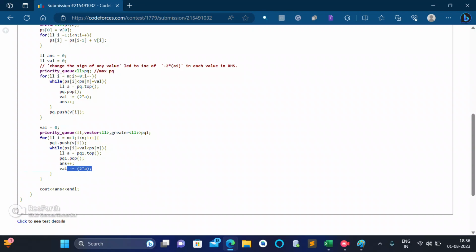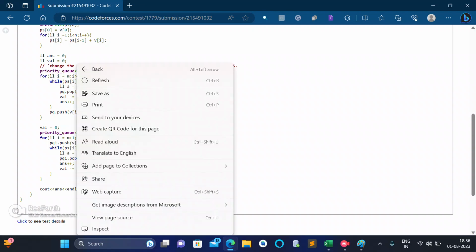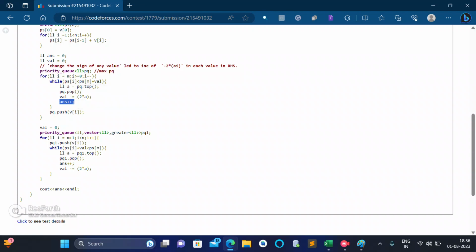After that we started the checking. And we had incremented the val by minus 2a, and here also minus 2a, and at the end you can see that at every removal of value from the priority queue, I have incremented the answer, that is the minimum number of operations. In the above also, I have incremented the answer with every pop.